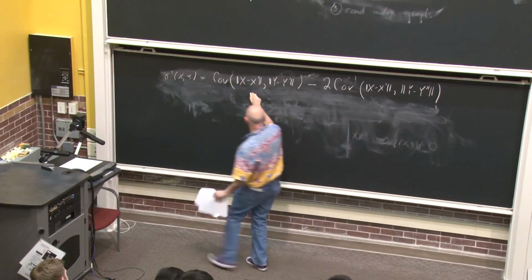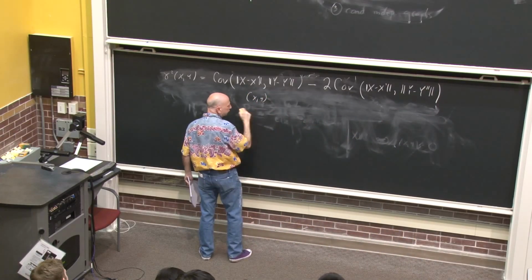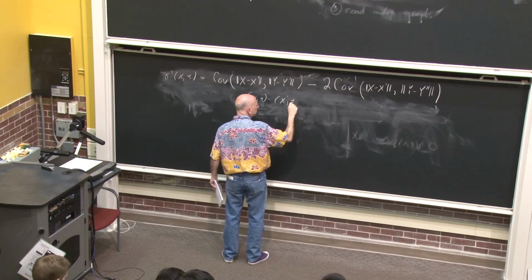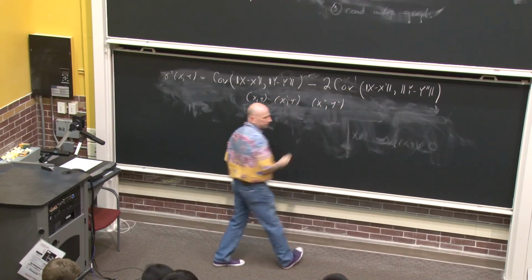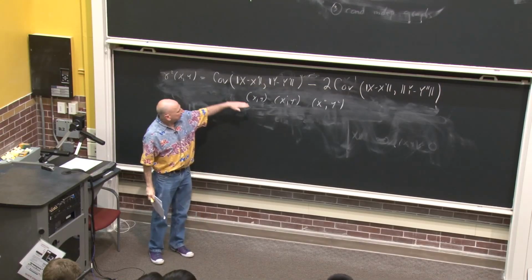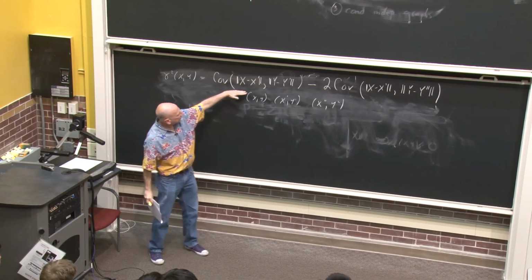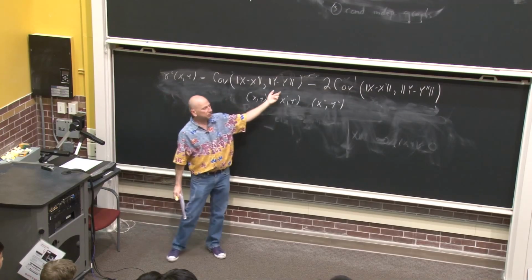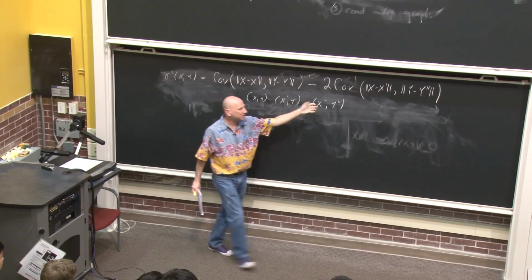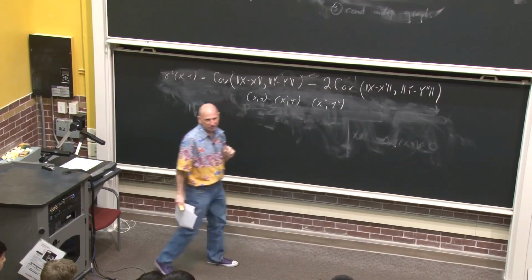Okay, so what we've got here is, this is one draw from the distribution. This is a second draw. And this is a third draw. And what we're looking at is the distance between a typical pair of draws in X space and a typical pair in the Y space. And then there has to be some sort of correction factor, it turns out.